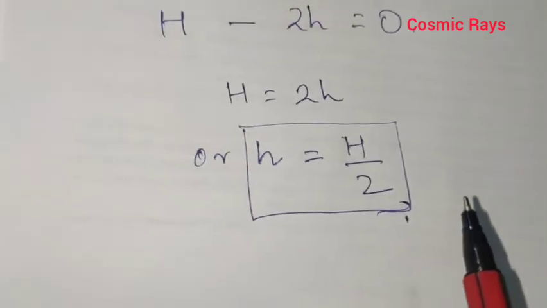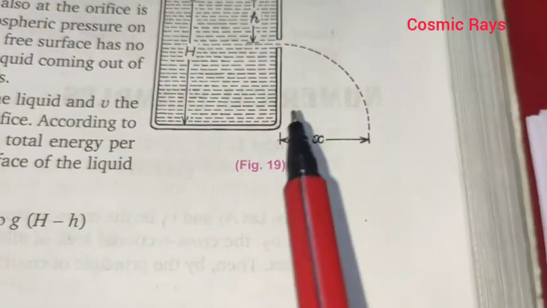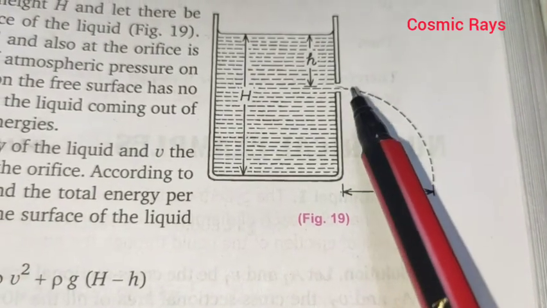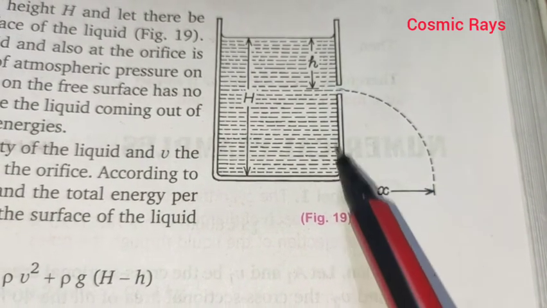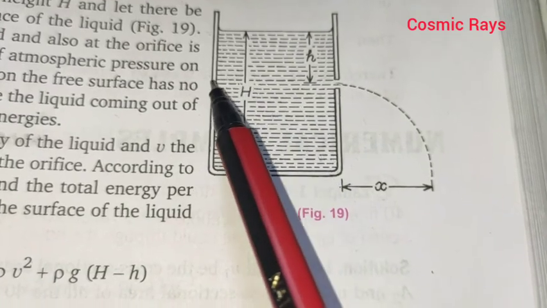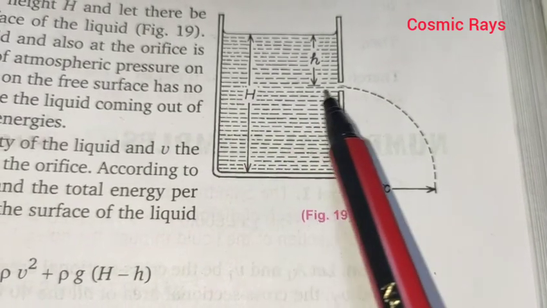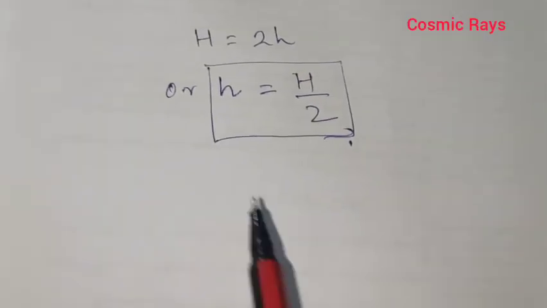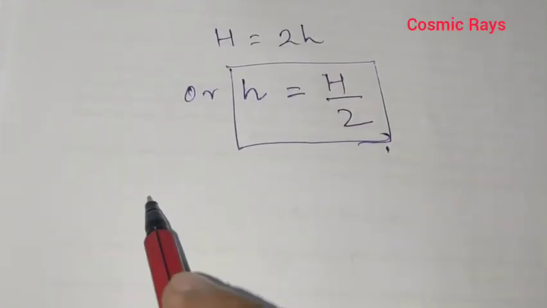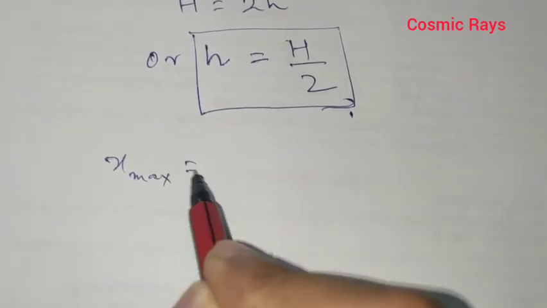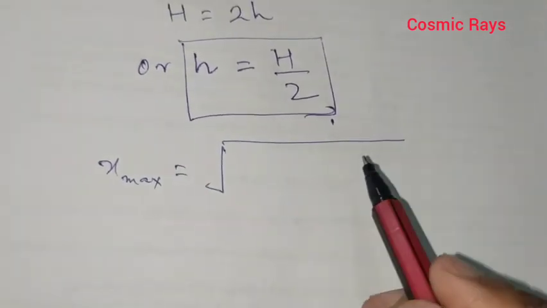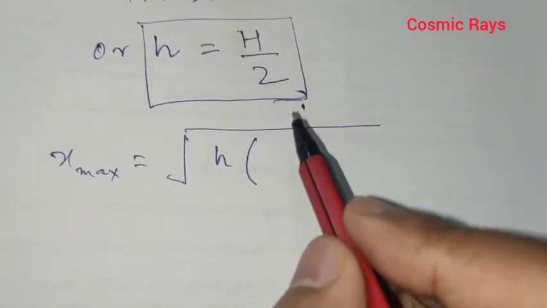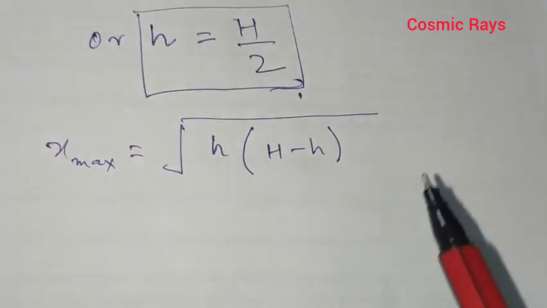That is, to cover the maximum distance, this orifice should be exactly in the middle of the tumbler, that is, it should be exactly at half of this height, and the maximum distance that it is going to cover, x max, is nothing but, we have the equation h into H minus h.